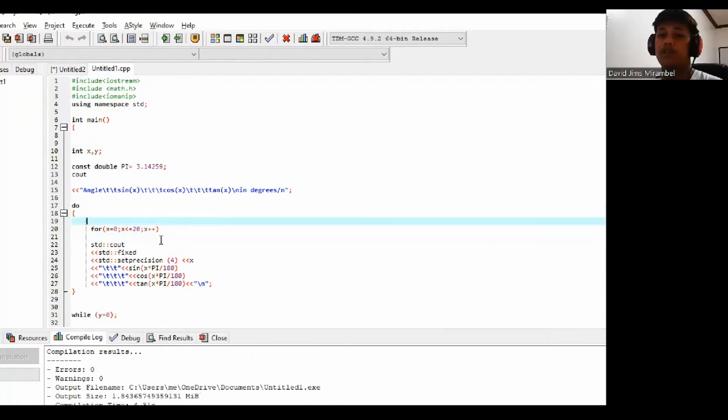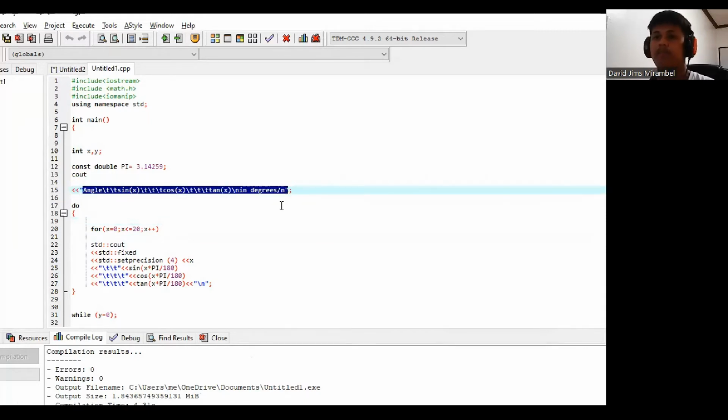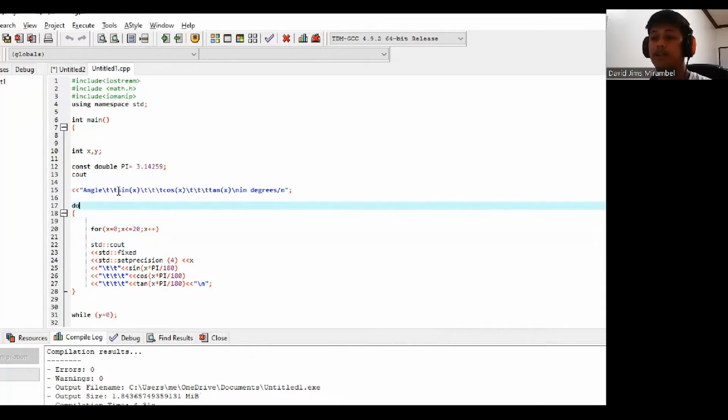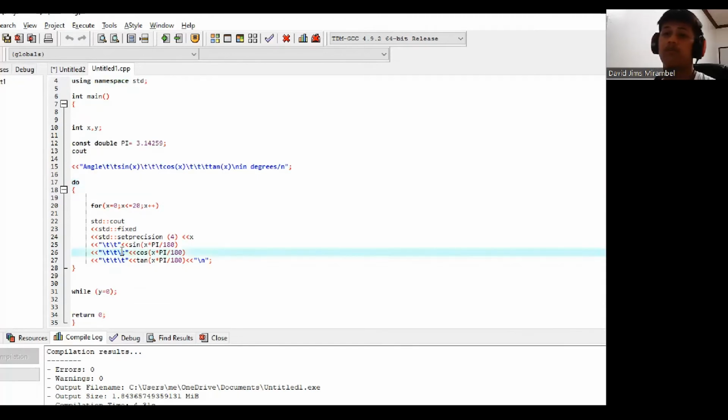We put their labels as this: below angle will show the variables 1 to 20, below sin will show the sine value of the number within each column, below cos will show the corresponding cosine value, and lastly below tan will show the tangent value of its column.